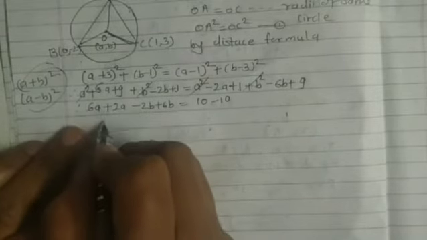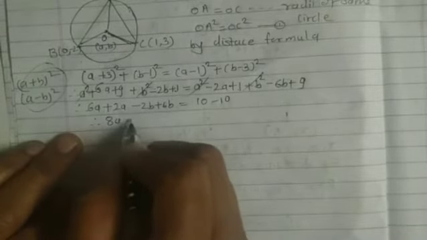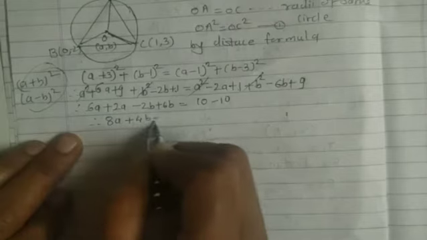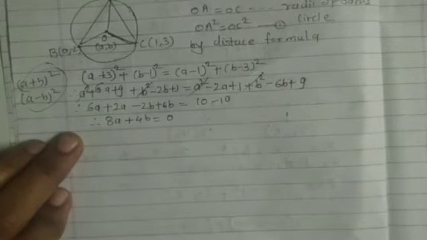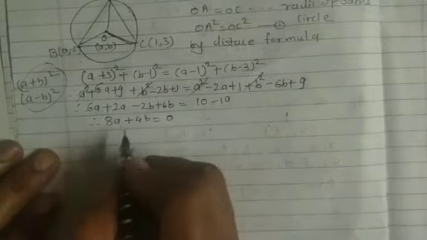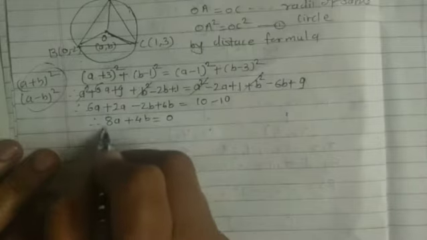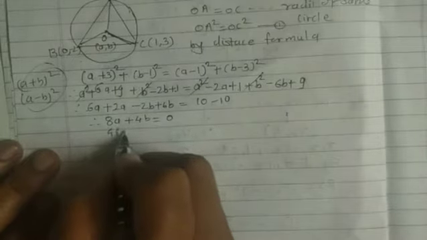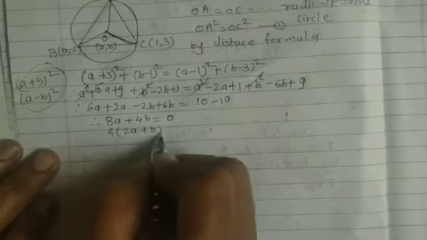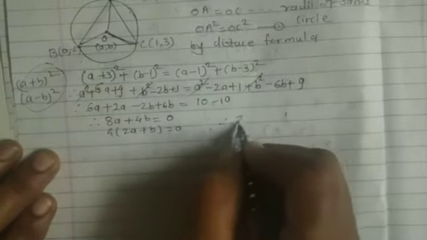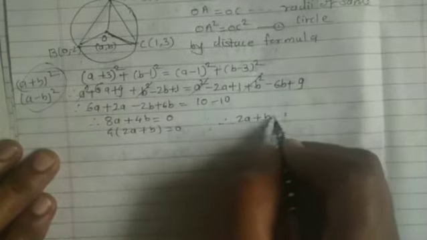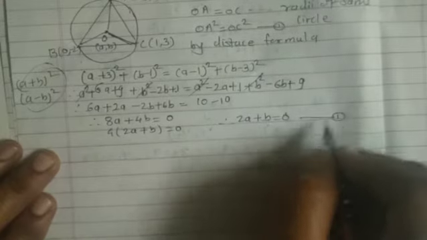Here we get 6a plus 2a, that is 8a, plus 4b is equal to 0. Taking 4 as common, we get 4(2a + b) equal to 0. Therefore the first equation we obtain here is 2a + b = 0.